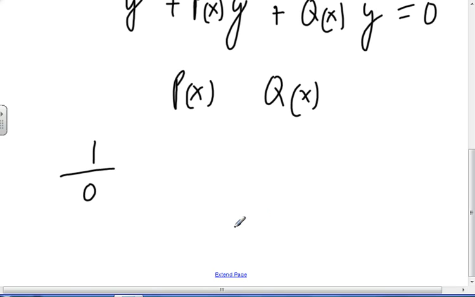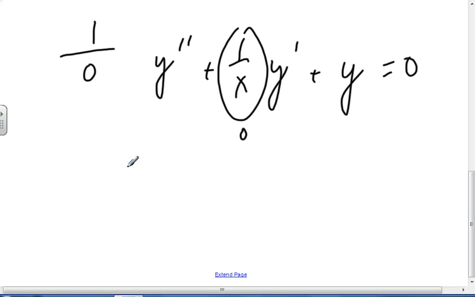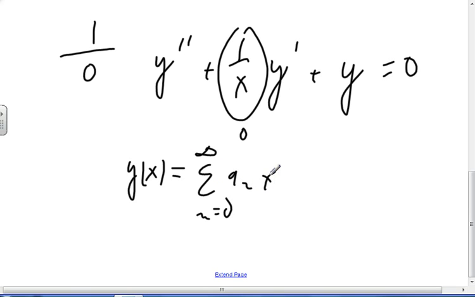So if I had y double prime plus 1 over x y prime plus y is equal to 0, and I try to solve that about 0, and that's what I'm doing when I say y of x is equal to summation n equals 0 to infinity a n x to the n, I'm really solving about a point around 0 where x is.